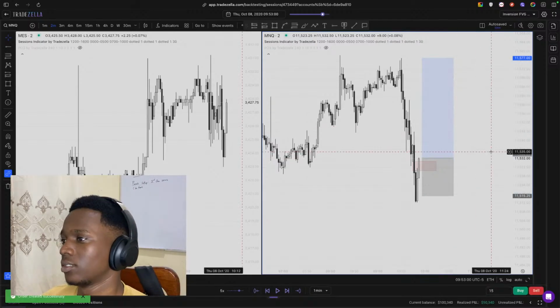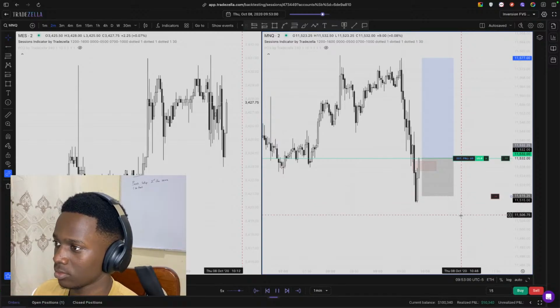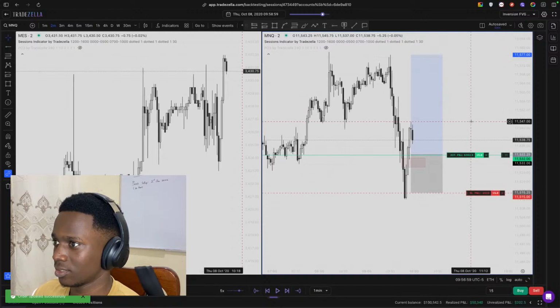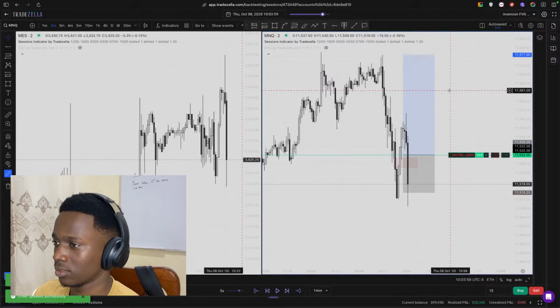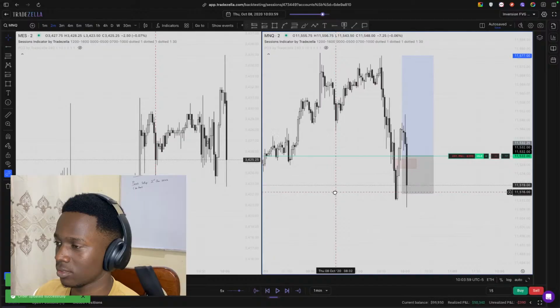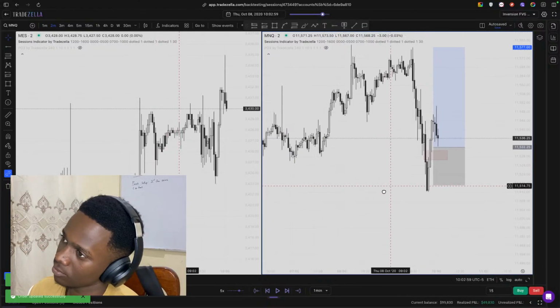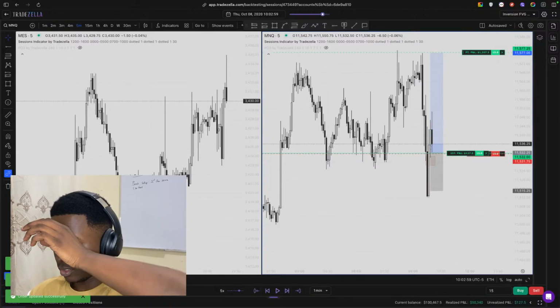Micros long. Ooh, that's not good. ES has already hit the targets. I should close at break even here.